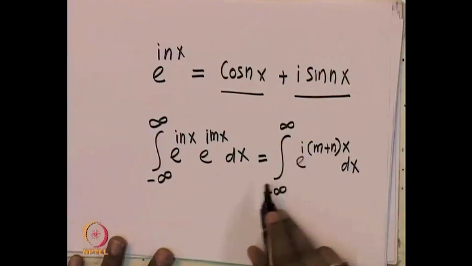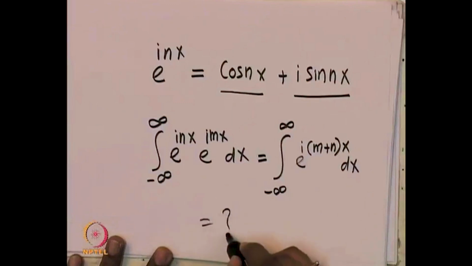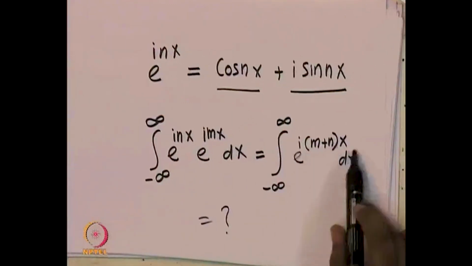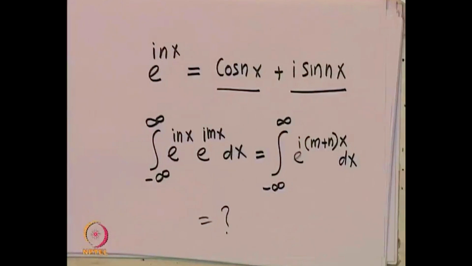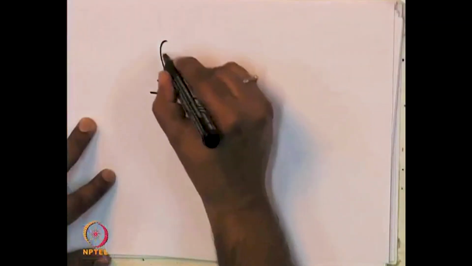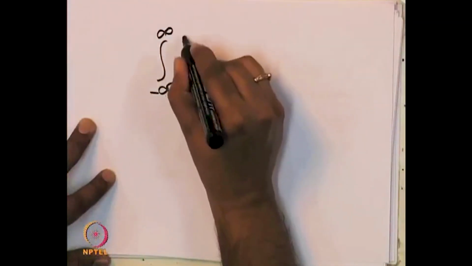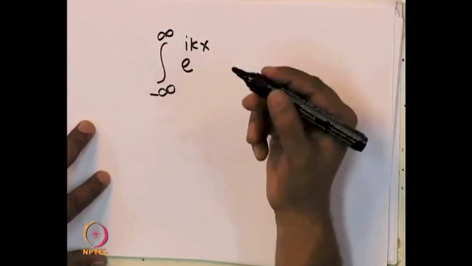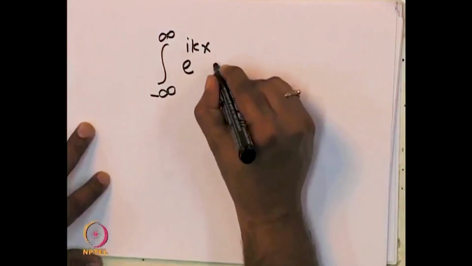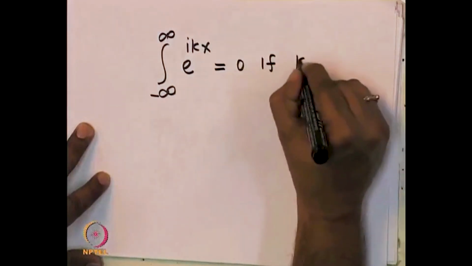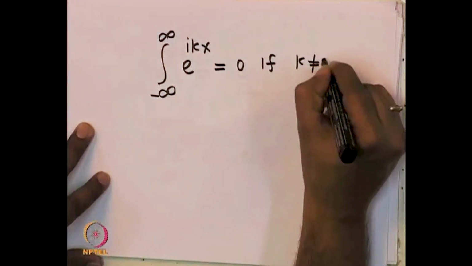So, what is the answer to this? What is the integral of e power i times some constant times x? It turns out that the integral from minus infinity to infinity of e power i k x, where k is some number which is m plus n, is 0 if k is not 0.